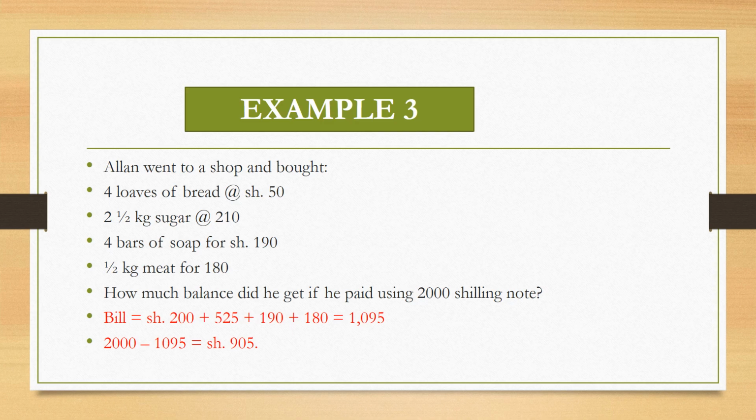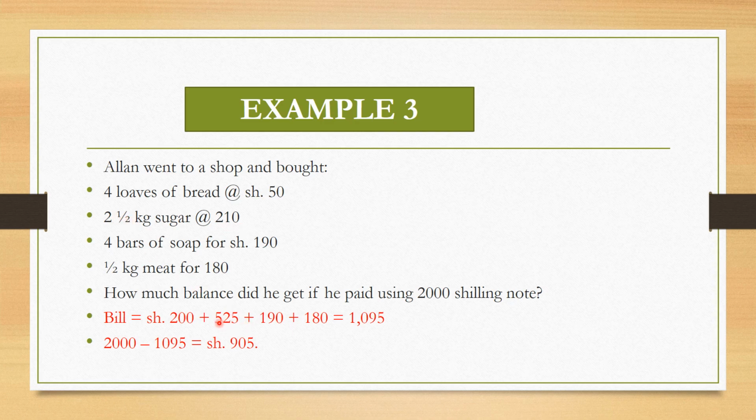Example 3. Alan went to a shop and bought 4 loaves of bread, each being 50 shillings. So we need to multiply. 4 times 50 is 200. Then 2.5 kilogram sugar, at 210. So we need to change it into an improper fraction and then we multiply. So 5 over 2 times 210. So it is the same as 210 divided by 2, then you multiply by 5, which will give you 525.